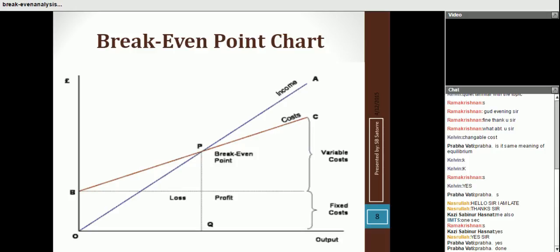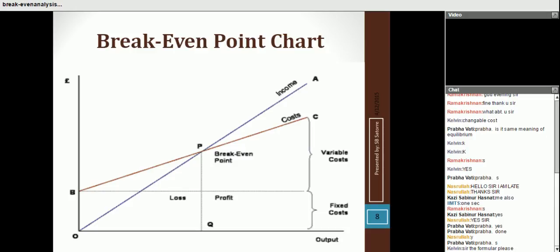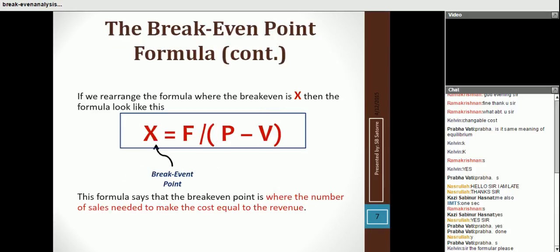Can all of you see the graph? Can all of you see the graph on the screen? Okay, one second. This is the formula.